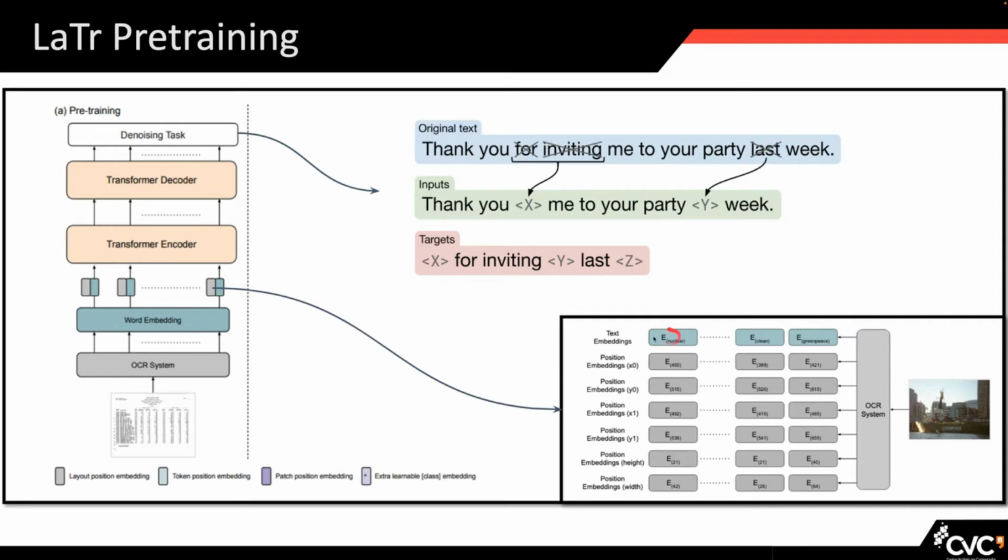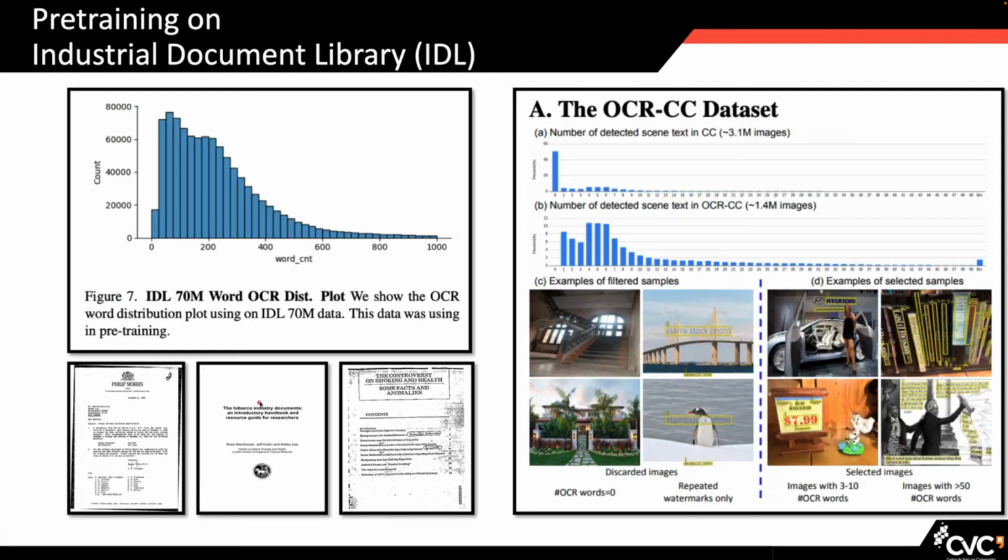So you take the text embedding, and then you take the top left and bottom right information, with the width and height of the bounding box. And then you embed, you sum everything up, you give it to a T5 encoder-decoder, and then you say, now predict these OCR tokens. I masked a couple of them, and now you have to predict these OCR tokens. And they do this in documents. That's the interesting part of this paper, I would say.